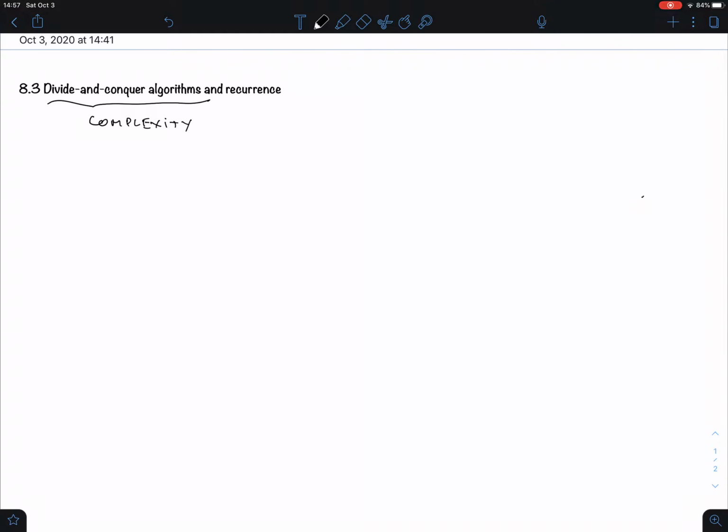What we're talking about is an algorithm that does the following. It says, okay, I have a problem that I have to solve depending on a certain size, a list of a certain size, a problem of a certain size n. So remember, complexity is always in terms of n, where n is the size of the input.